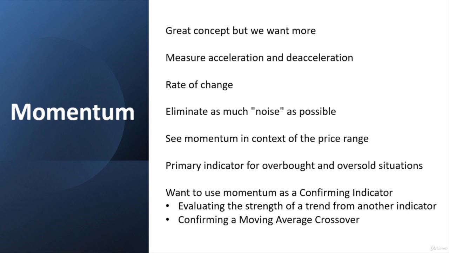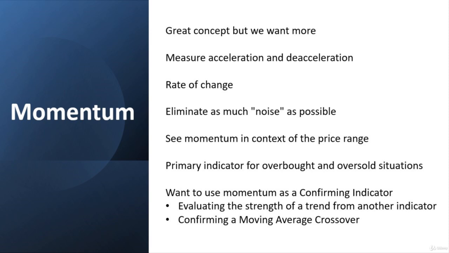Or vice versa, where it's oversold, where price has been pushed to the bottom, maybe real quickly, and it's ripe for a turnaround, and it might be a good buying opportunity for you. So it's an indicator that can really help with that.